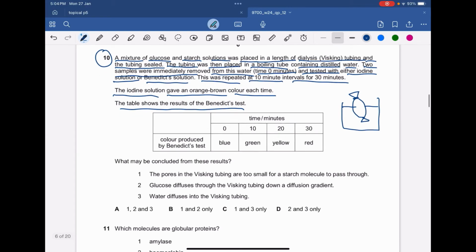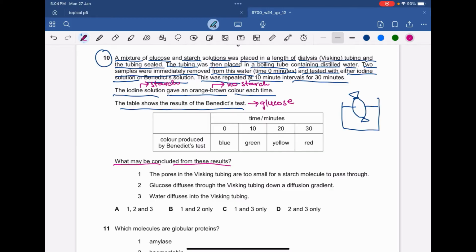We know that the Benedict test is basically for glucose, and the iodine test is for the starch molecules, right? An orange brown indication shows that there is no starch present. Now they are asking what may be concluded from these results.